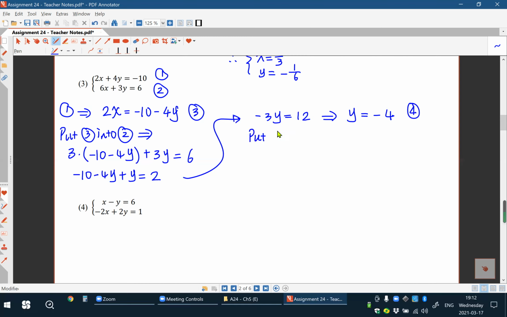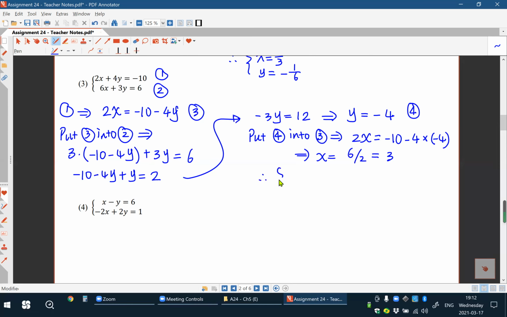Then we can put number 4 back into number 3. You will get 2x equals minus 10 minus 4 times minus 4. So x is 6 over 2, which is 3, right?